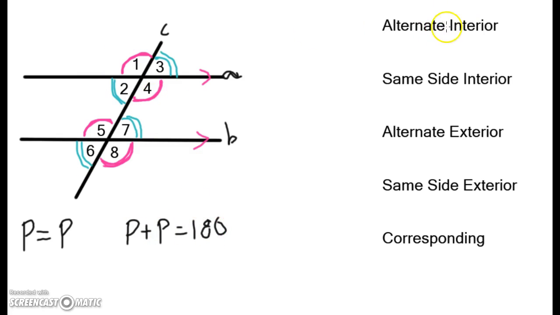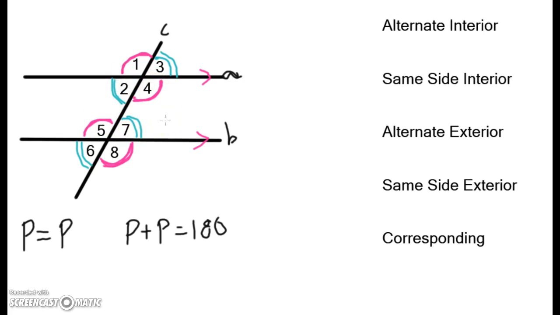All right, let's look at the 5 different angle pairs that will be made. All right, so alternate interior angles. Alternate means different sides. Interior means in between, or like on the inside. So we're looking for angles that are on the inside between the parallel lines and on alternate sides of the transversal. So one's on the left and one's on the right.